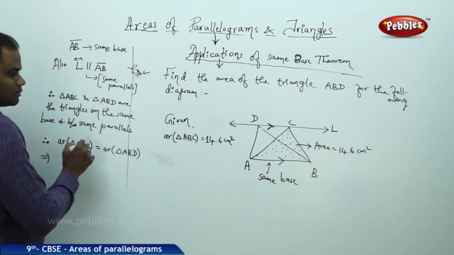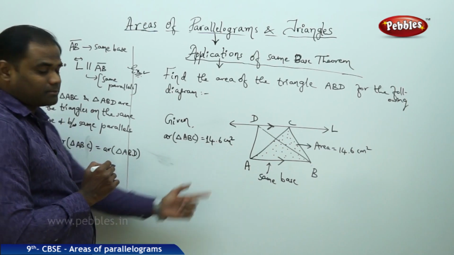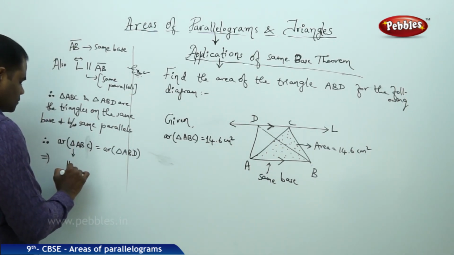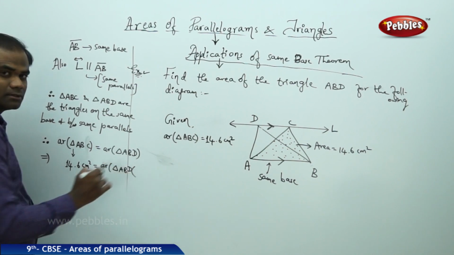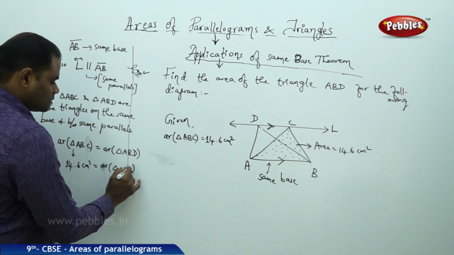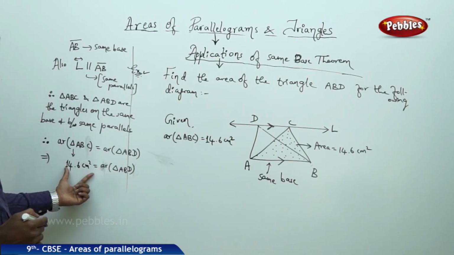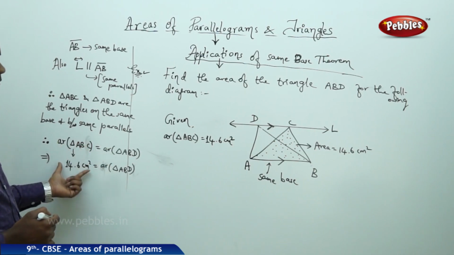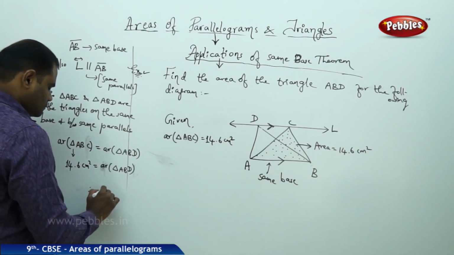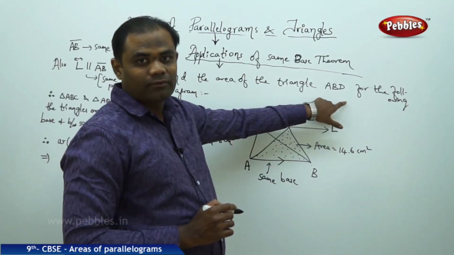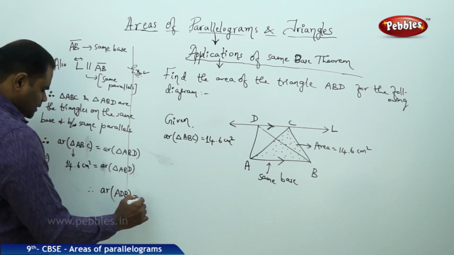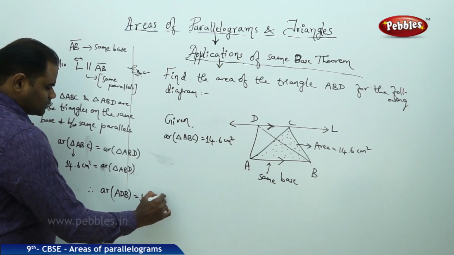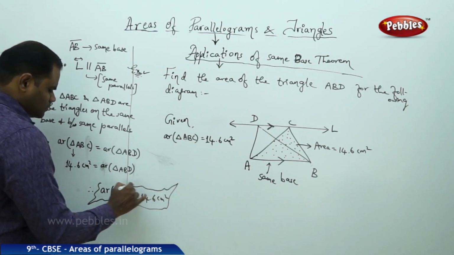So I have substituted for triangle ABC with 14.6 centimeters square, which indirectly states that the area of triangle ABD is 14.6 centimeters square. Therefore, the given question is to find the area of triangle ABD. Therefore, triangle ADB has the area 14.6 centimeter square.